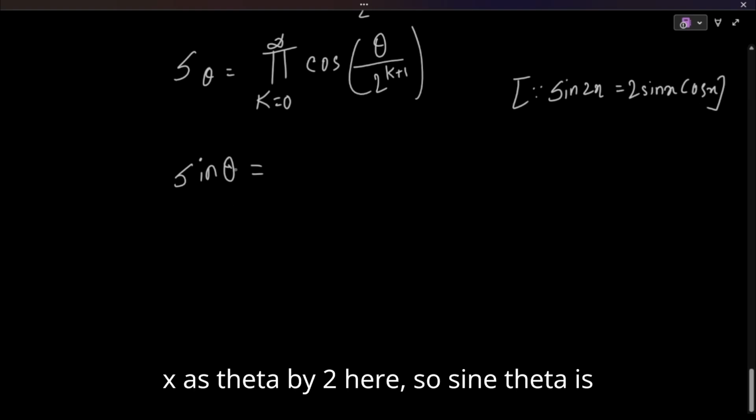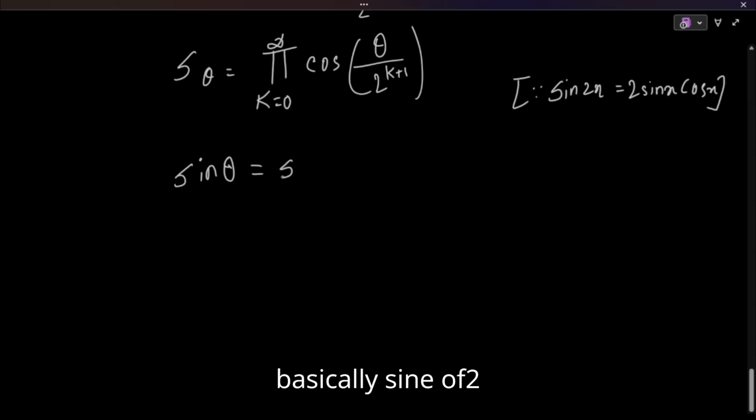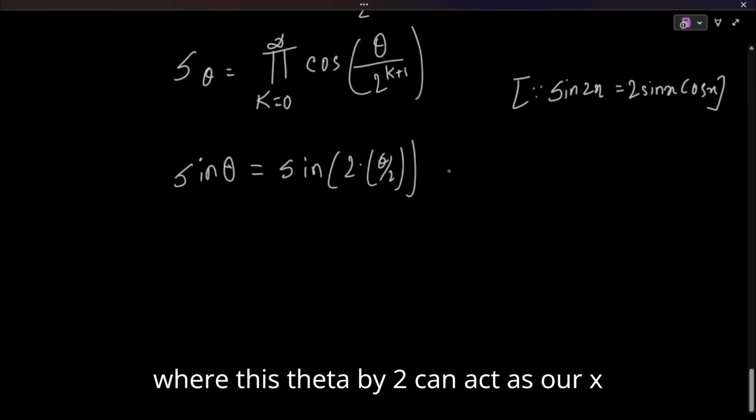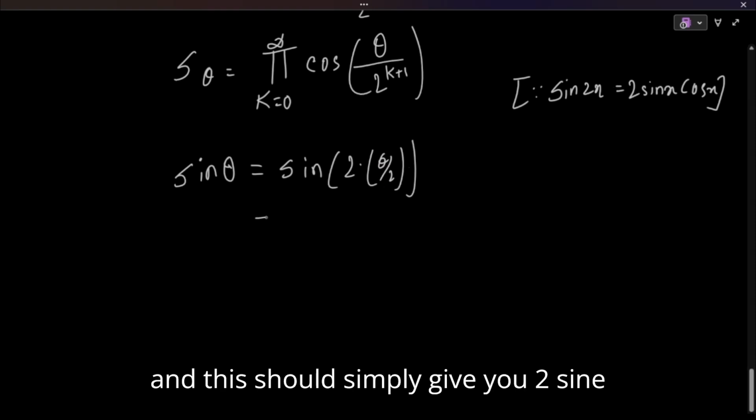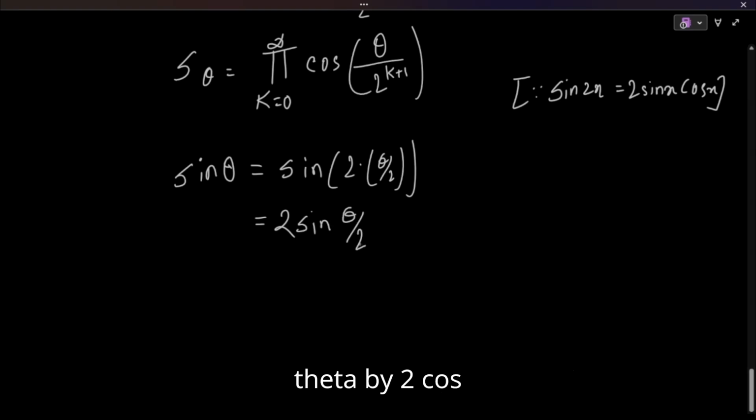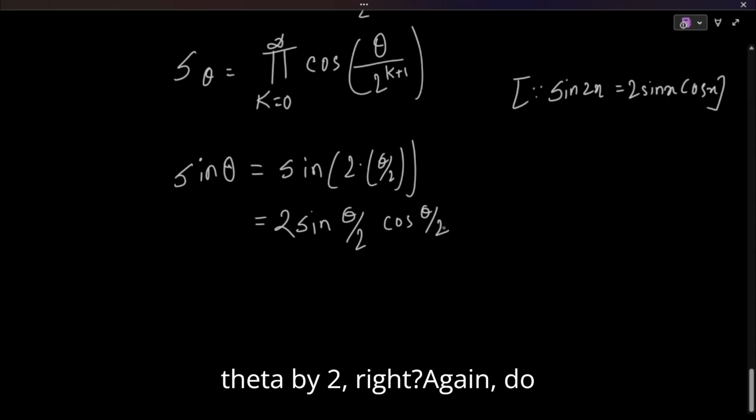Now consider x as theta by 2 here. So sine theta is basically sine of 2 times theta by 2, where this theta by 2 can act as our x. And this should simply give you 2 sine theta by 2 cos theta by 2, right?